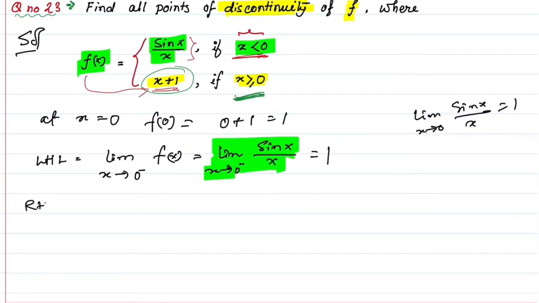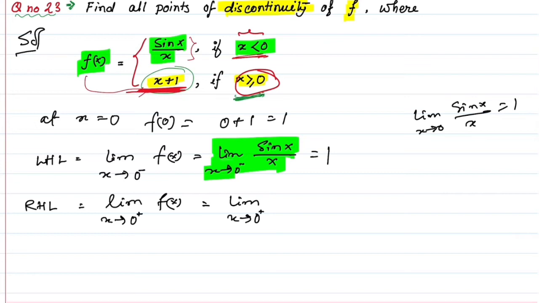Now let us take the right hand limit, limit x tends to 0 positive, this positive sign represents right hand limit. For x greater than 0 we have x plus 1, so replace x by 0, then you will get 0 plus 1, that's equal to 1. So all these three values are equal.